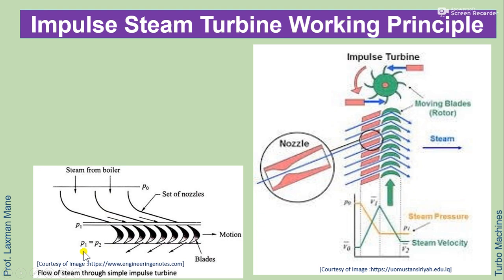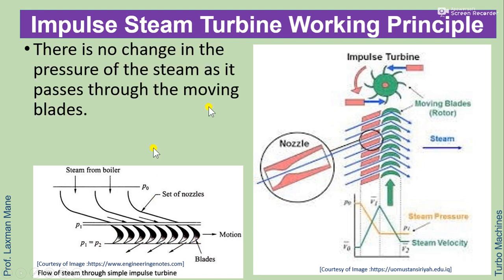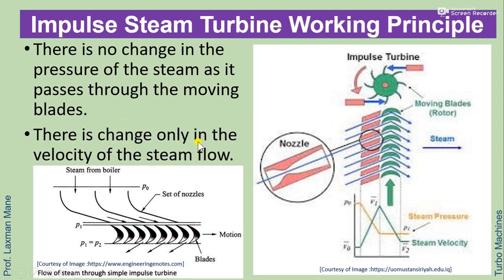Here pressure P1 to P2 is fixed, means there is no change in pressure of steam as it passes through the moving blades, and there is change only in velocity of steam flow. We will see this in detail in next slide.